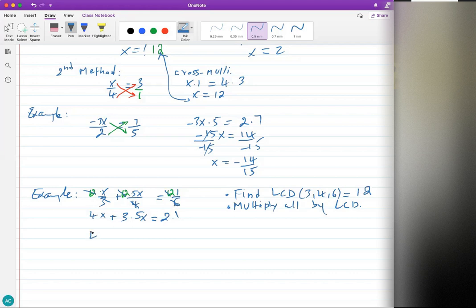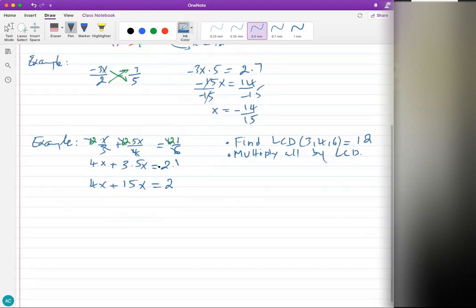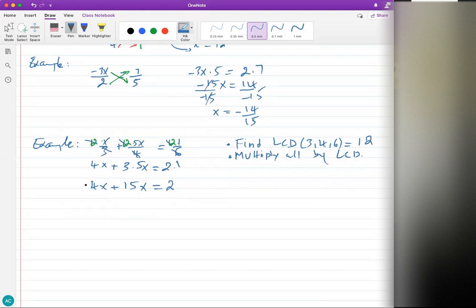4 times x, that's 4x, plus 3 times 5x, 15x, and 2 times 1. And from here, we know what to do. So what is the next step? Combine like terms. These two terms, you're going to combine them.